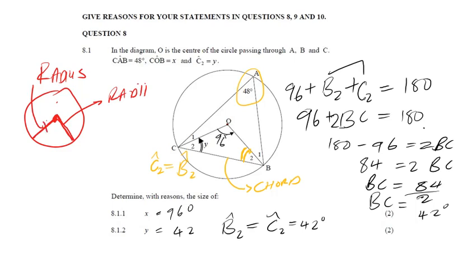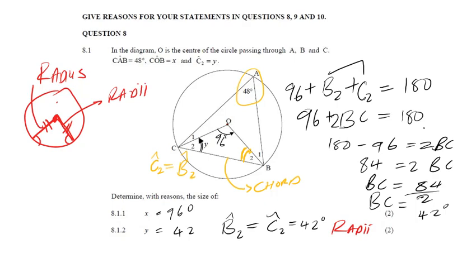So this side is equal to that side, so the angles opposite are going to be equal. You can use that reason if you decide to say B2 is equal to C2.